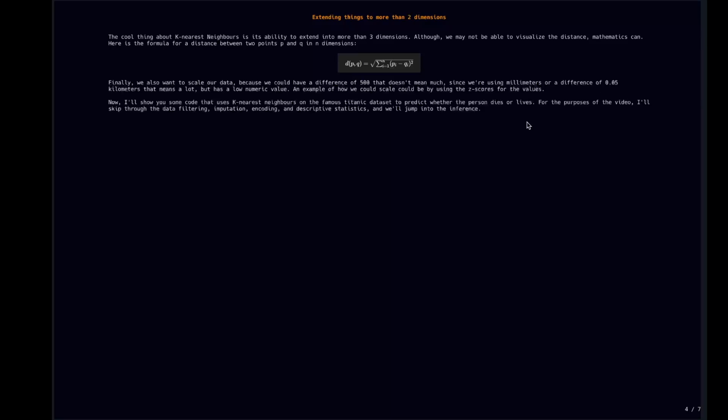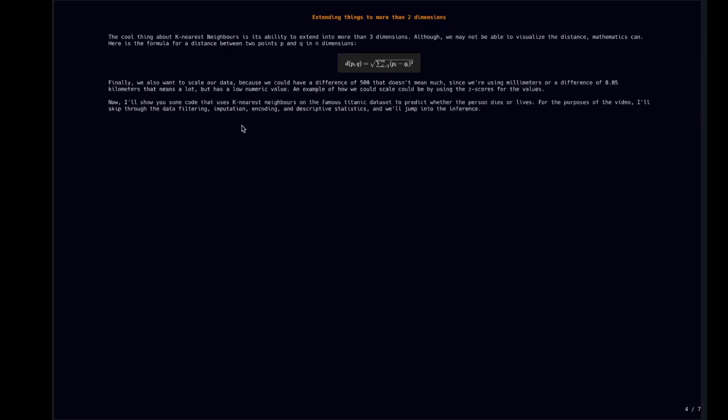The millimeters are going to be affecting it more, since the pure distance is farther away. And for this, we use standardization. Any form of standardization can work, and z-scores are a very good one, where z is equal to x minus mu divided by the standard deviation.